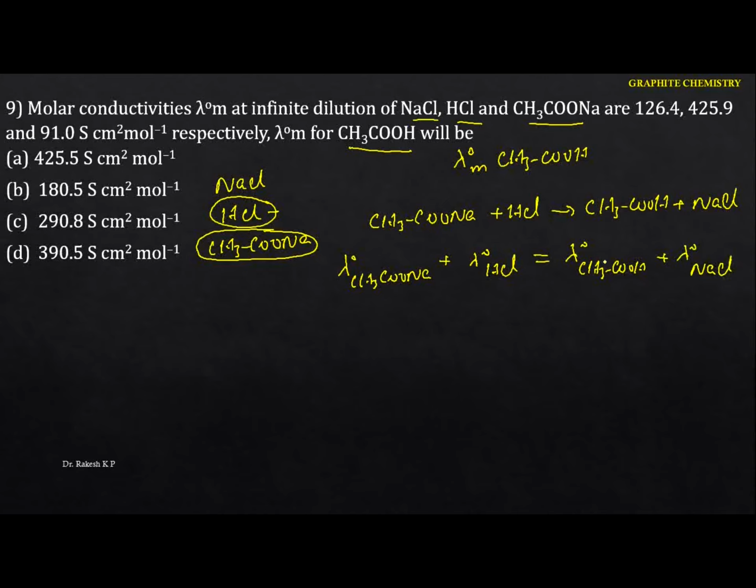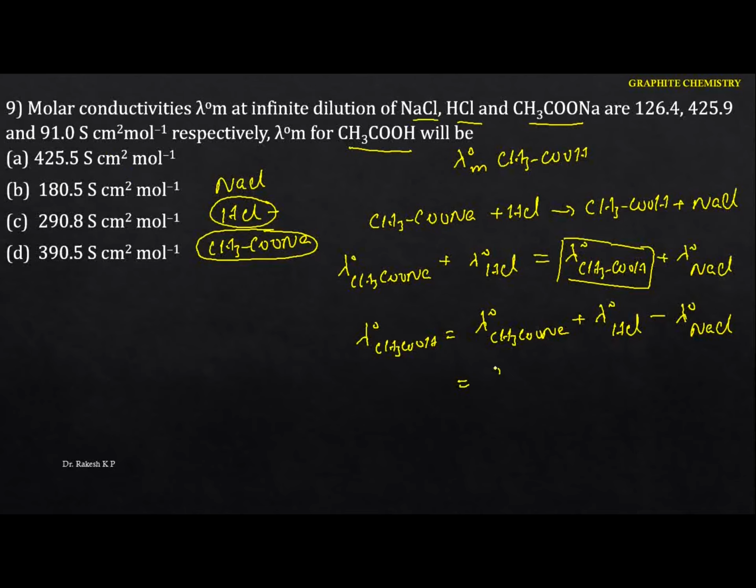What we have to calculate is lambda naught acetic acid, so I keep that as it is. Lambda naught acetic acid equals lambda naught sodium acetate plus lambda naught HCl minus lambda naught NaCl. Now identify the lambda naught value given for sodium acetate.